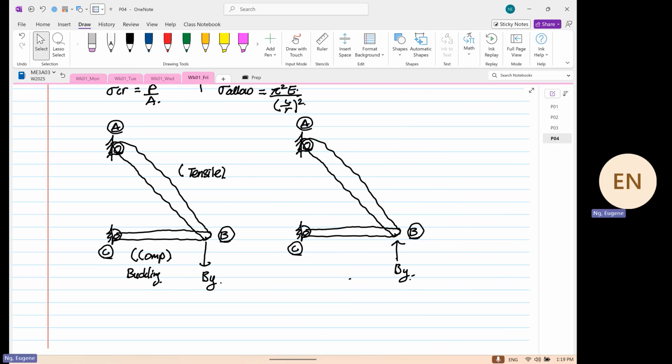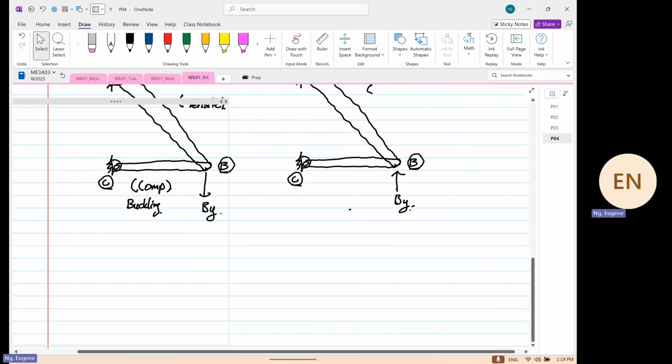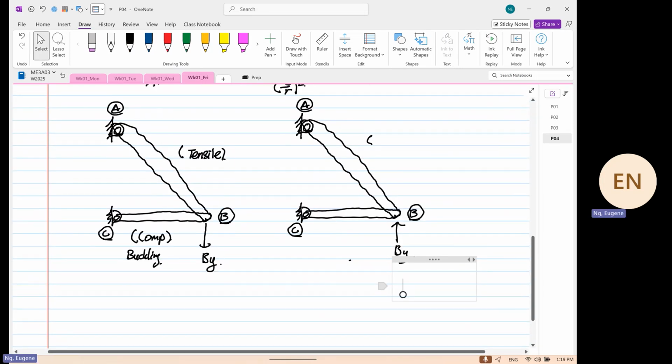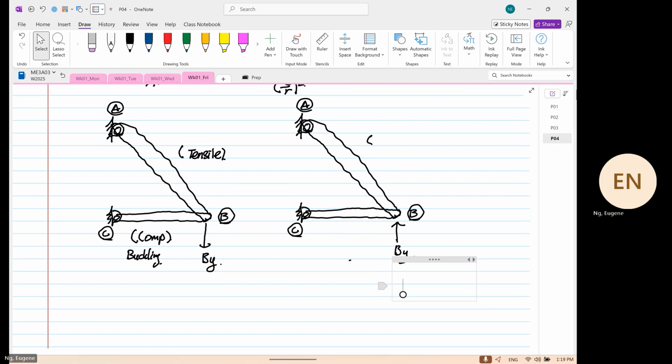You have to do buckling on AB because now this is under compression, and this is under what? Tensile. Are we clear? So this is just a very brief example.